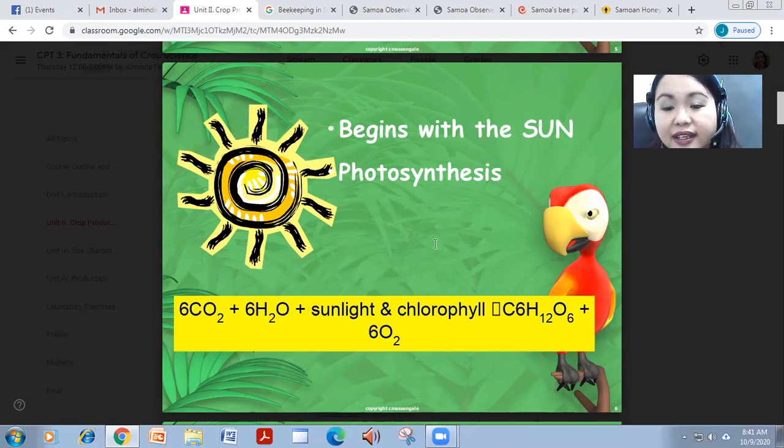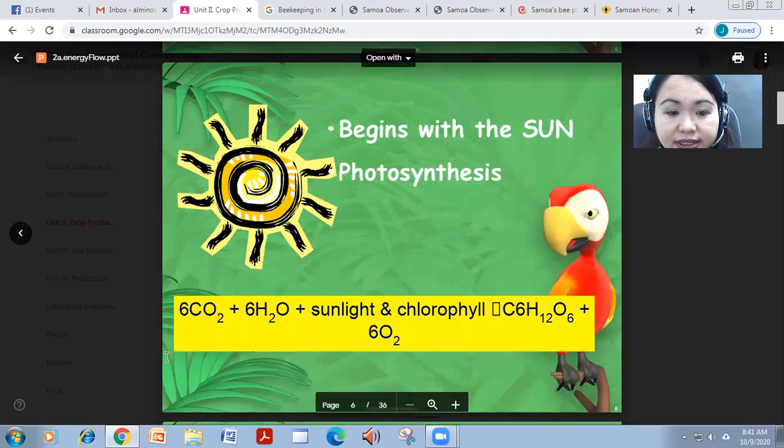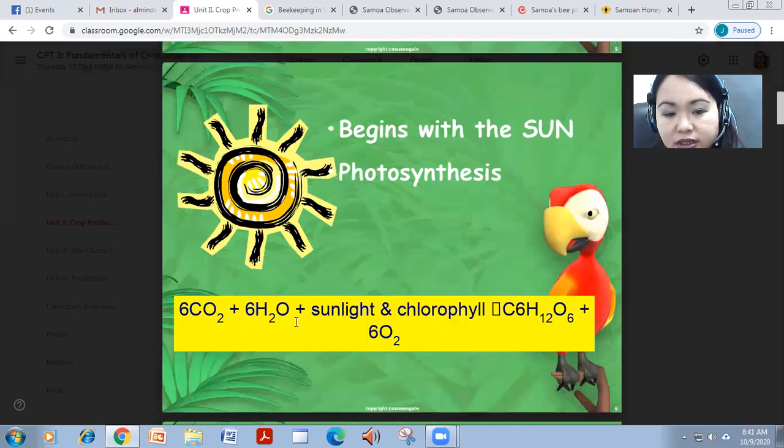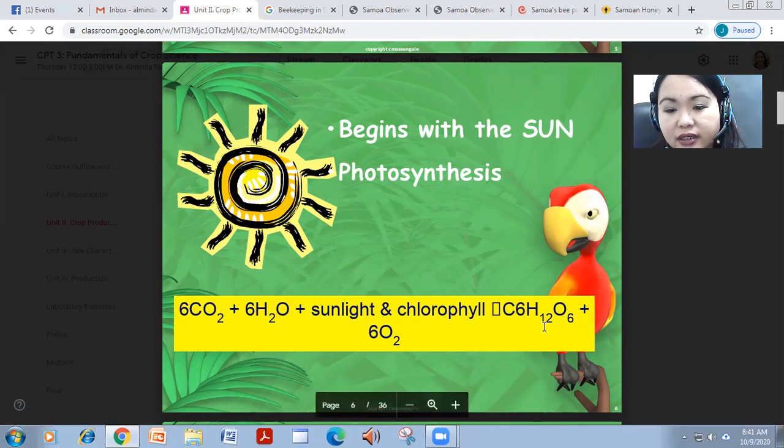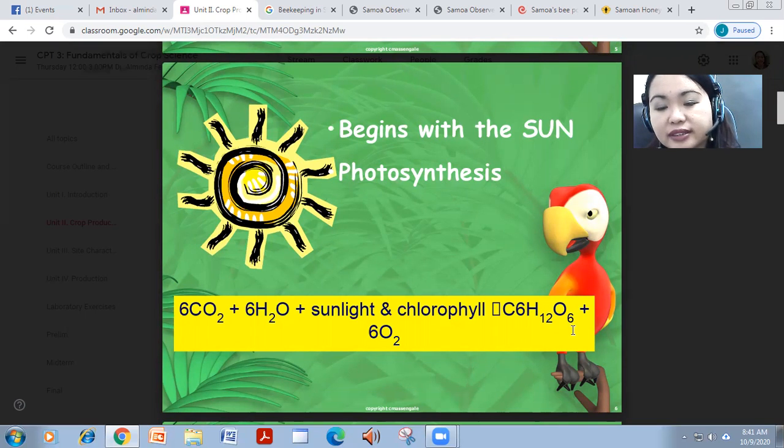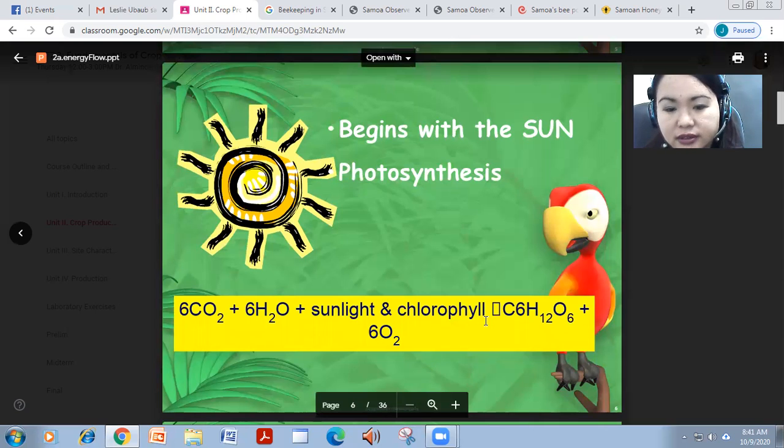What is again the formula in photosynthesis? As you have learned in your biology class, it's 6 carbon dioxide with water and sunlight with chlorophyll. Plants produce C6H12O6 and water.